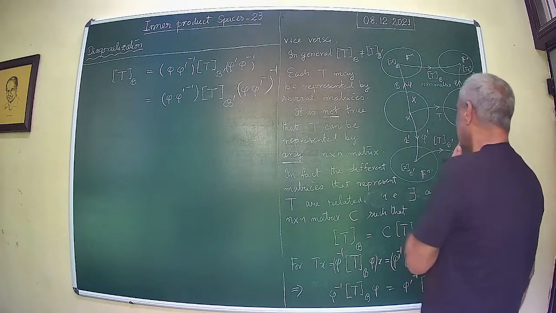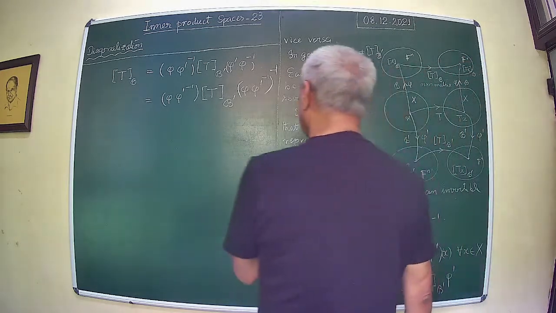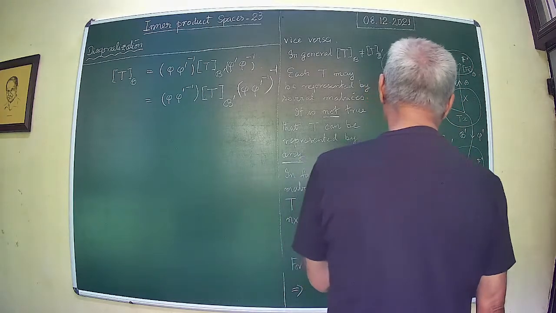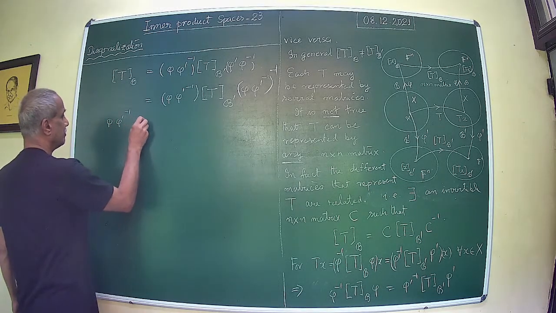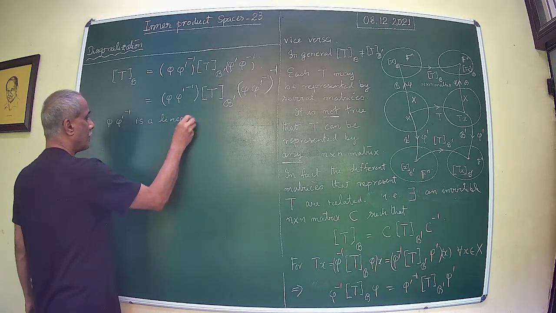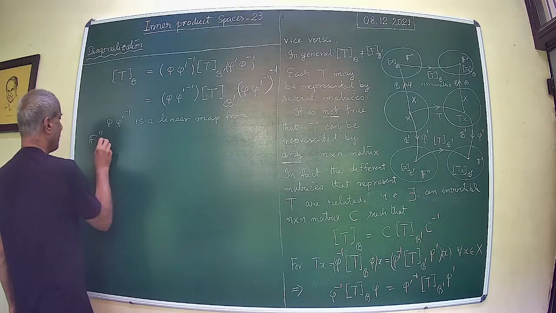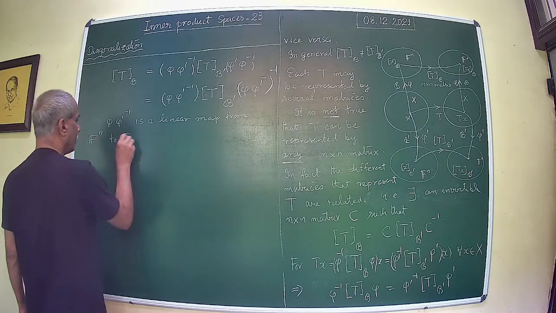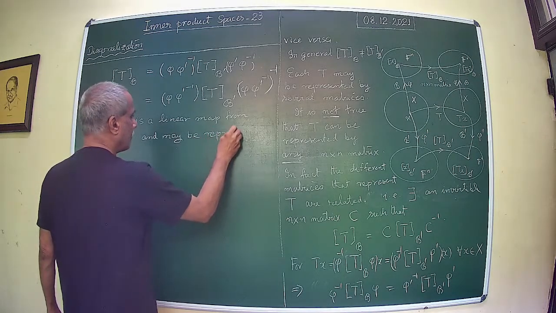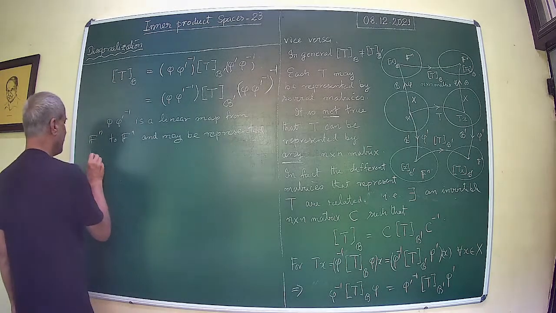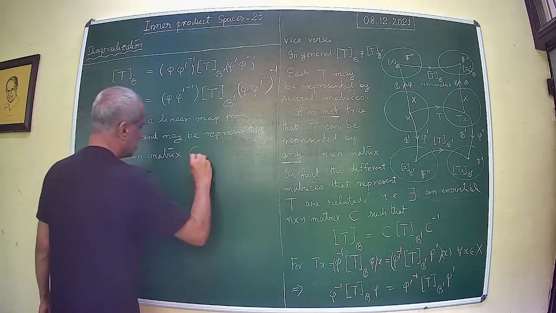Therefore, you see that phi prime inverse is essentially a map from Fn to Fn, by an n by n matrix C.